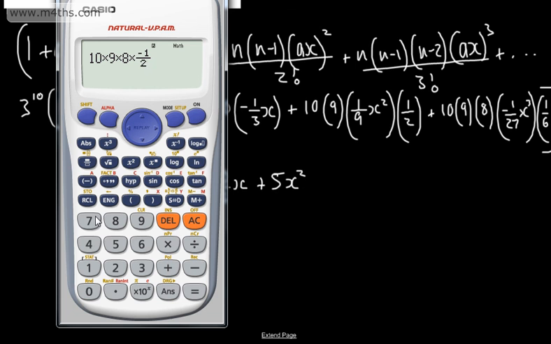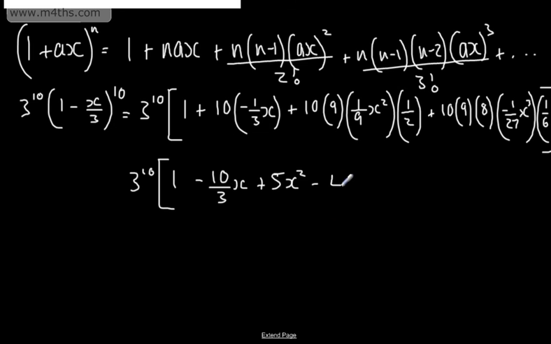So negative 1/27, and then we're going to multiply that now by 1/6. So is this negative 40? Negative 40 over 9. So let's just check I've got all that. So that looks good. So negative 40 over 9. And that is going to be now x cubed.